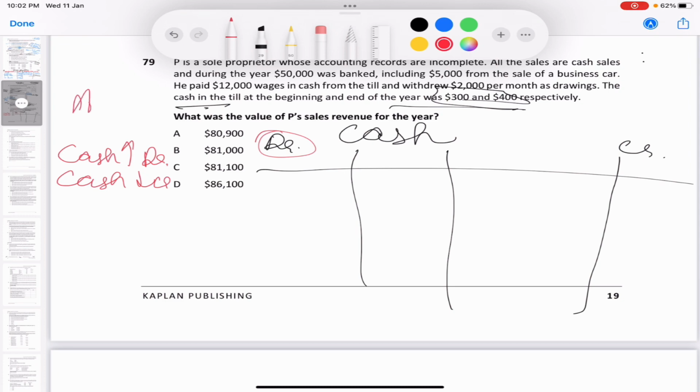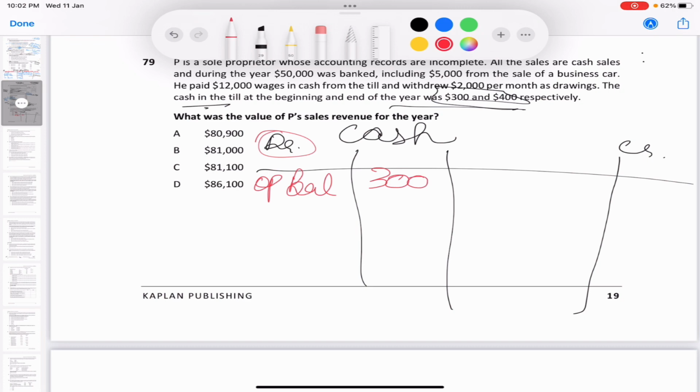Because cash is an asset and the balance of asset is debit. Okay, so opening balance and closing balance are given. So opening balance would be 300. Why? Because cash has a debit balance since it is an asset, and closing balance would be 400 respectively.